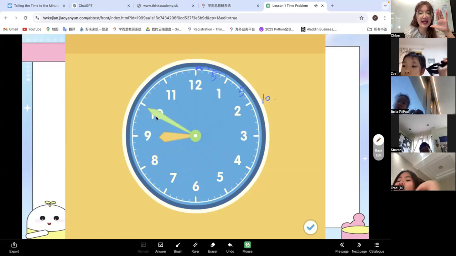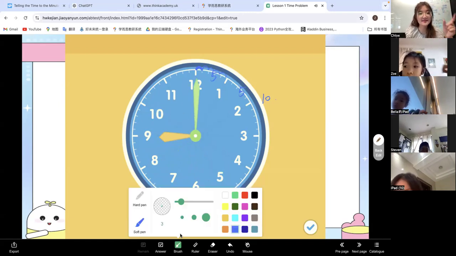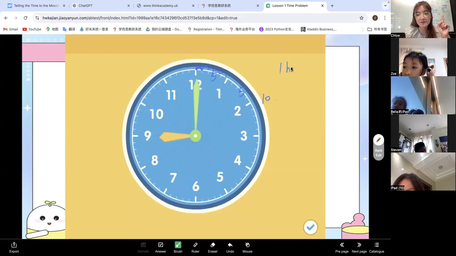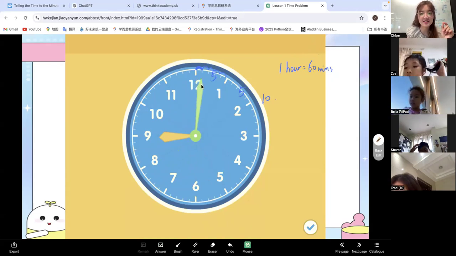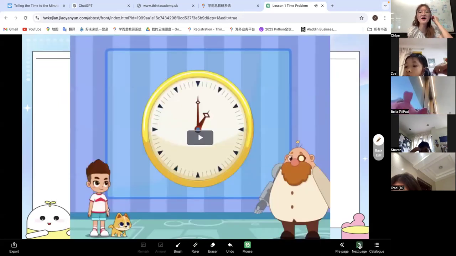And then 50, and then 55, and then 60 minutes. So now we can see in 1 hour, how many minutes are there? Tell me. There are 60 minutes. Very well done. And also, how can we know the minutes now? We can count the little gaps. Okay? Well done.